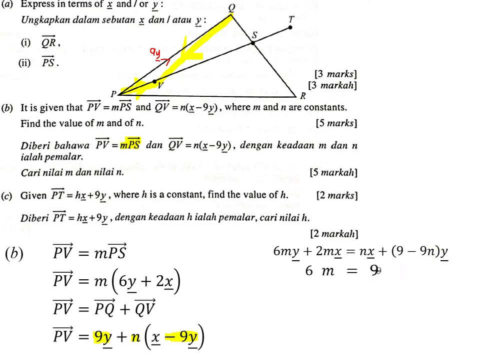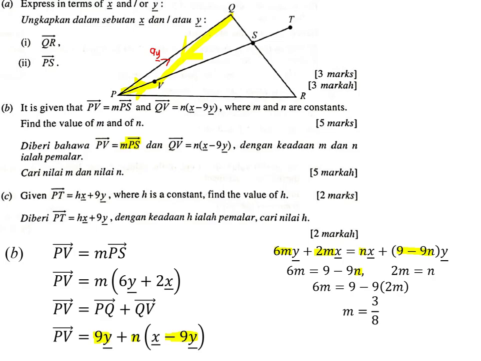So the coefficient for y, it will be 6m, and we compare with 9 minus 9n. And then coefficient of x, 2m, we compare with the n here. Okay, after we compare, we can substitute the 2m inside the n here to eliminate one of the variables. Then we get 6m equals to 9 minus 9 bracket 2m. With that, we were able to find our m.